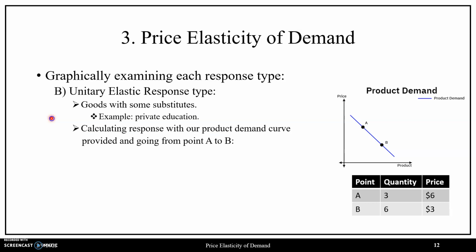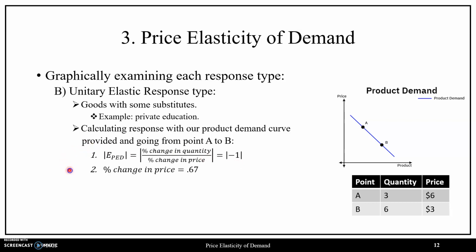And then in terms of calculating the response type, we're going to turn to our product demand curve as well as our schedule, and we're going to consider movement from point A to B. So a change in quantity demanded that leads to rightward movement along our product demand curve, in which quantity demanded is going from 3 to 6 due to price decreasing from 6 to 3. If we were to calculate our price elasticity of demand, in absolute value, it would have a value of -1.